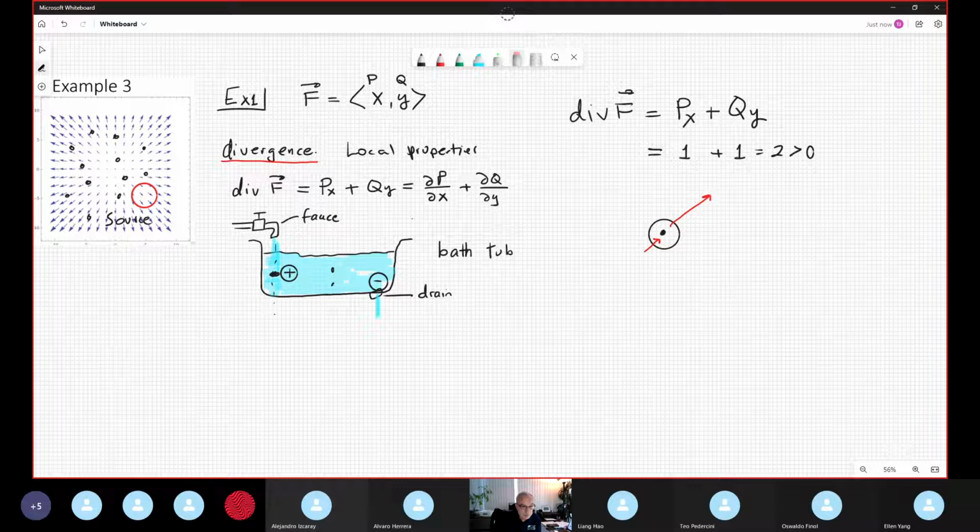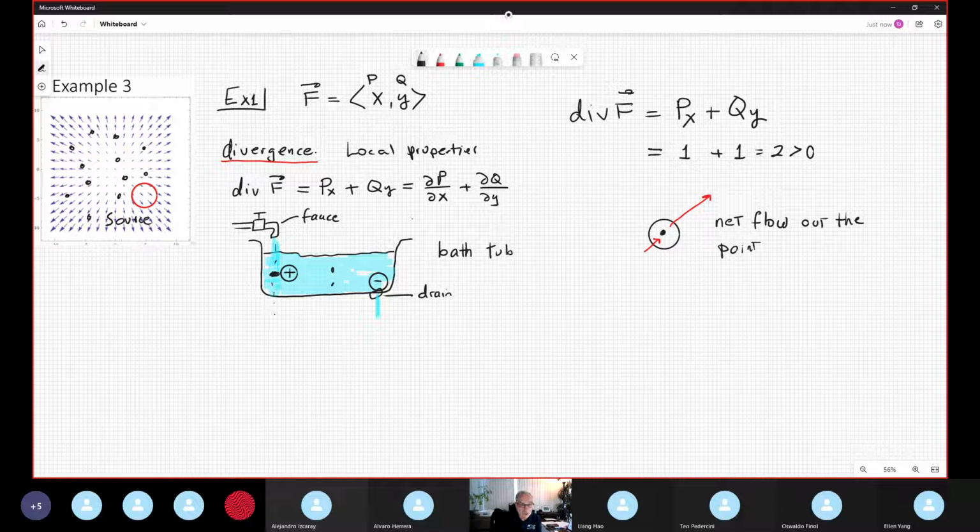Okay, entonces to conclude that part, what is the meaning of divergence? Well, the divergence measures the net flow out of the point.